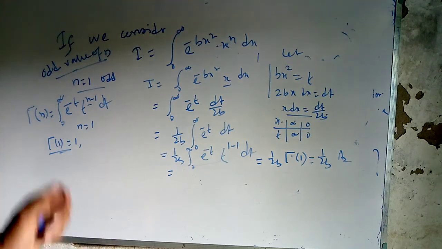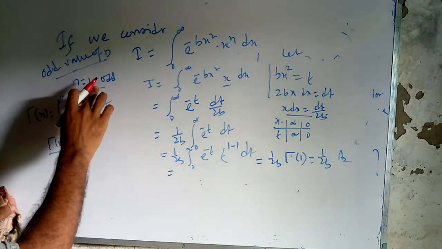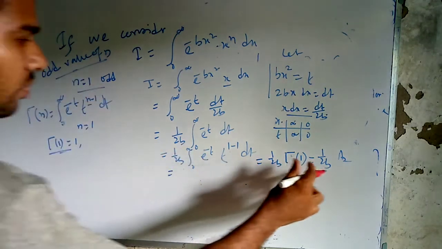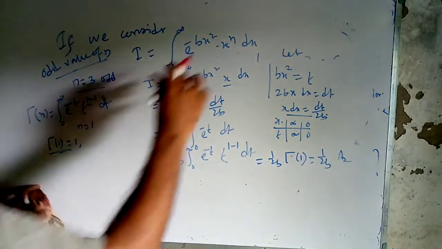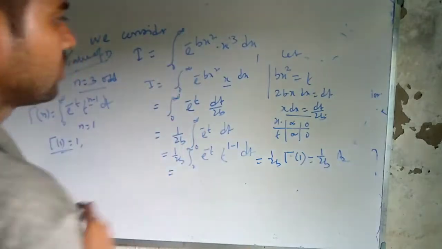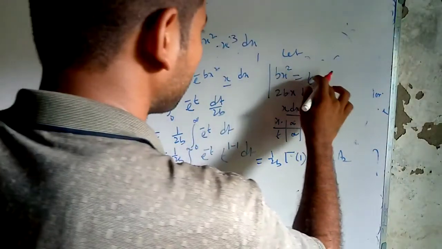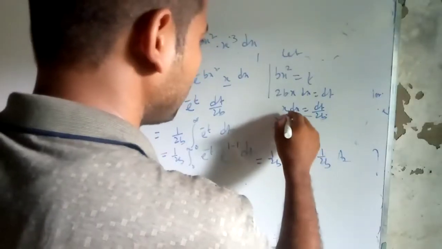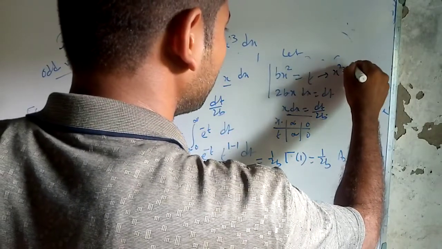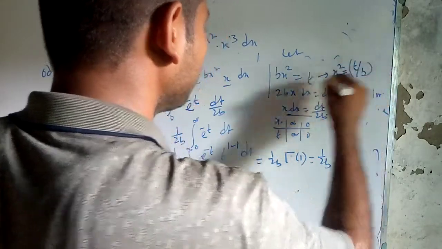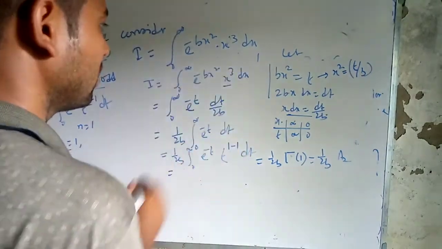Now, if we calculate the next odd value, n equal to 3, this is x cubed dx.